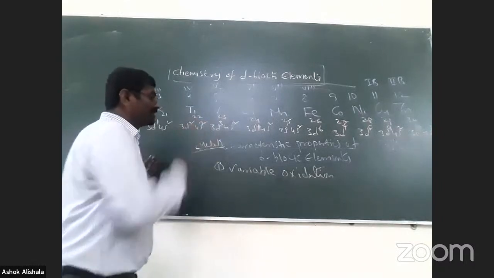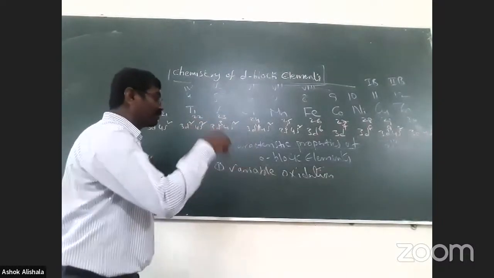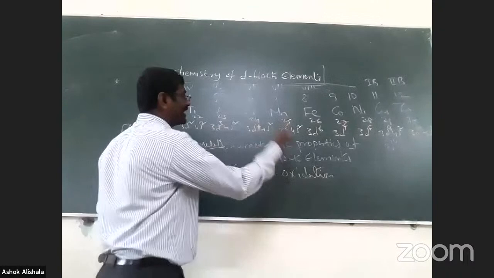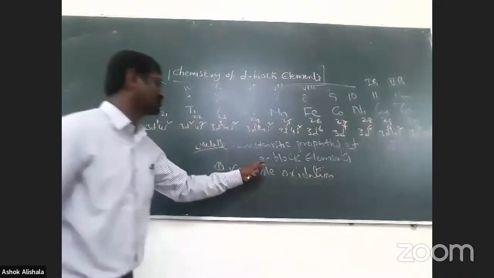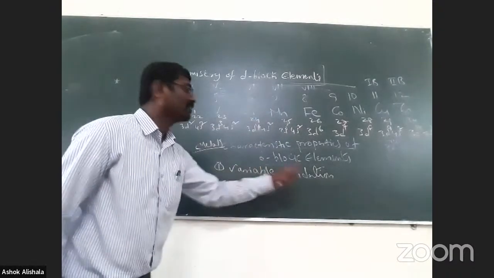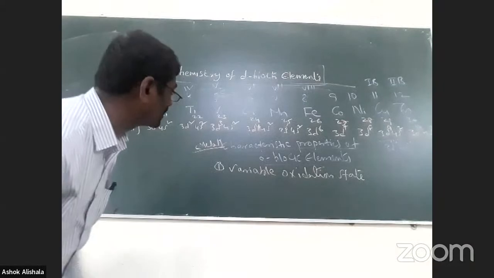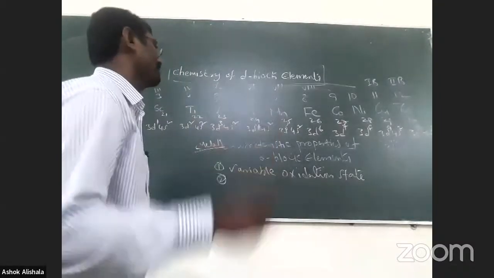Compared to the s block and other p block metals, what is characteristic of d block elements is they show color properties, sir. Variable oxidation state. Okay. Metallic nature, sir. Metallic nature is a general property of any metal.